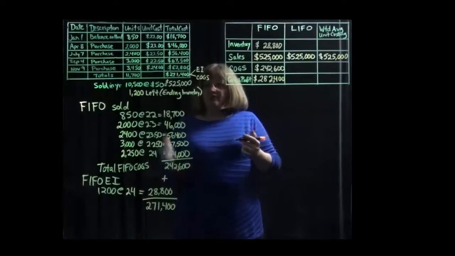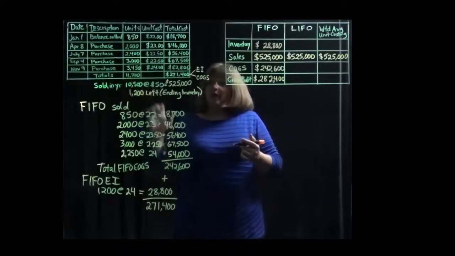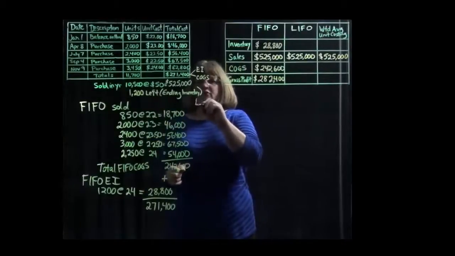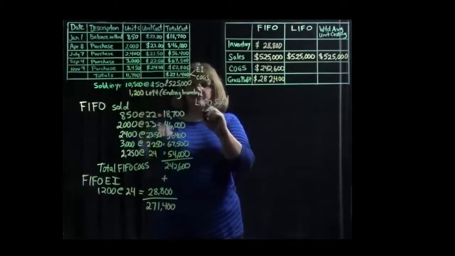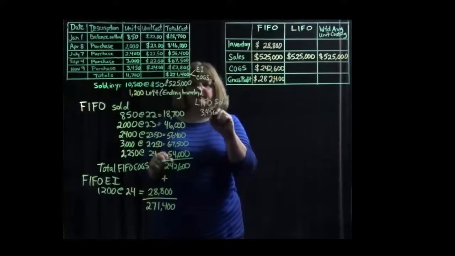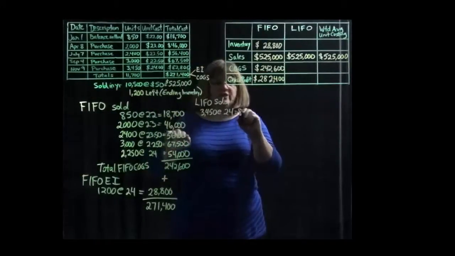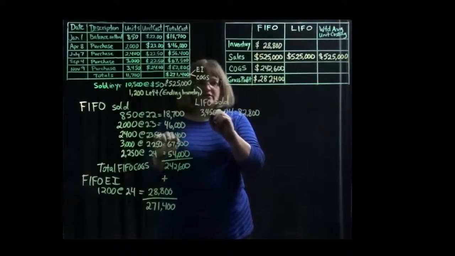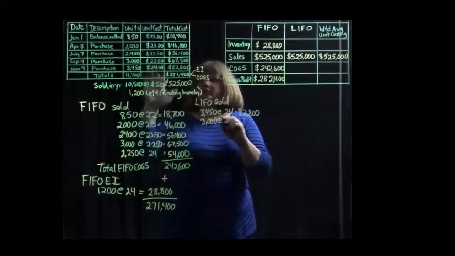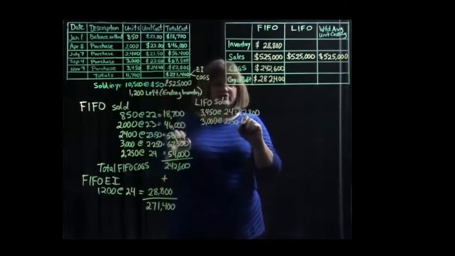The last in, first out says that these latest ones that we got in would be the first ones that we sold. And so we're going to say that our LIFO units sold is going to consist of the 3,450 at the $24 for the total of $82,800, plus it's going to consist of the 3,000 next most recent purchase, which were at $22.50, so they cost us a total of $67,500.